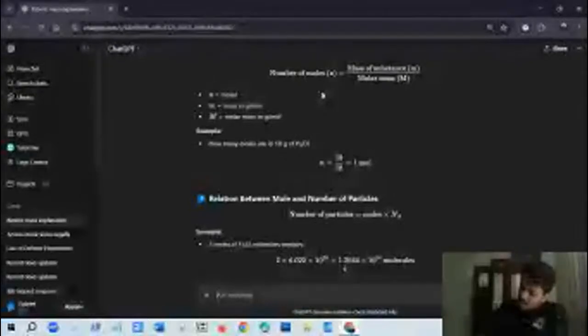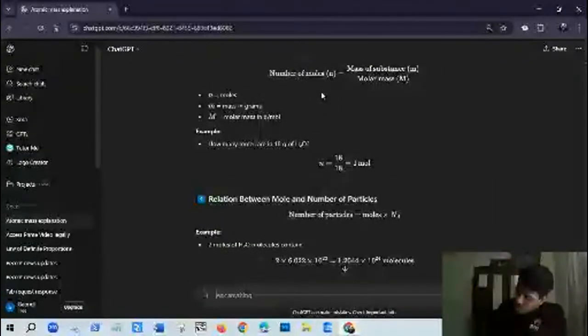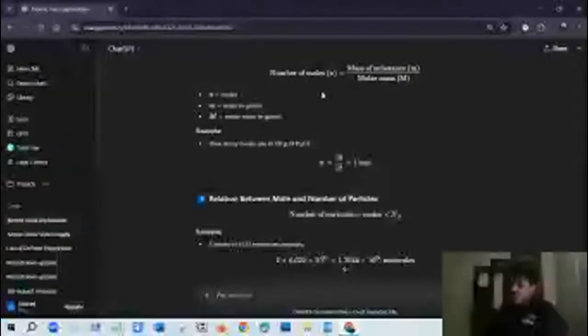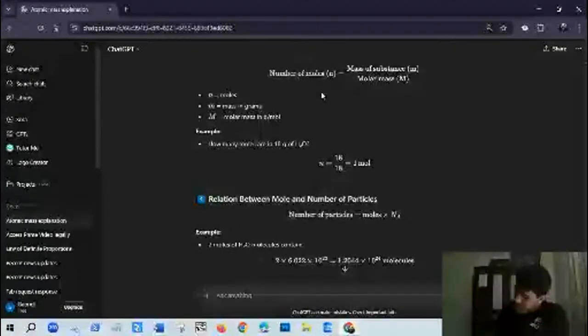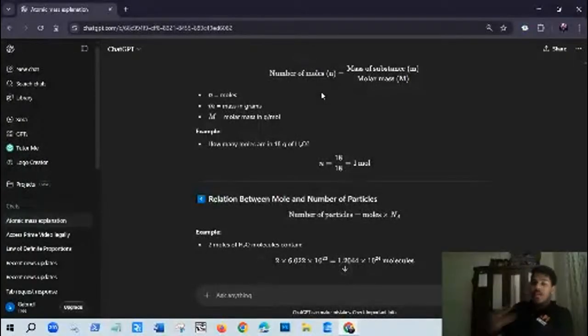So what do you do? n is equal to m by M. So, given mass 18, divided by the molar mass, that's equal to 1.